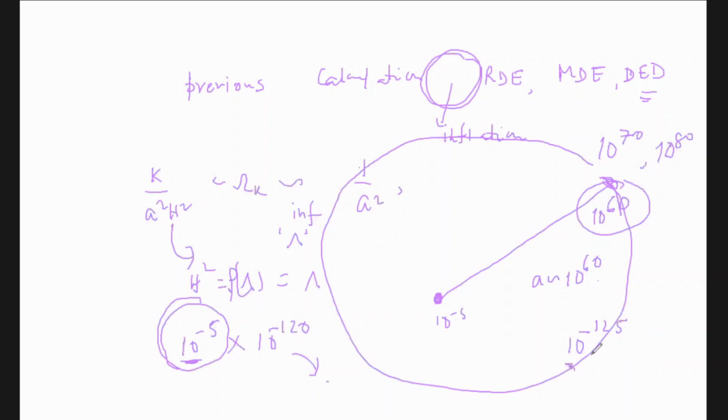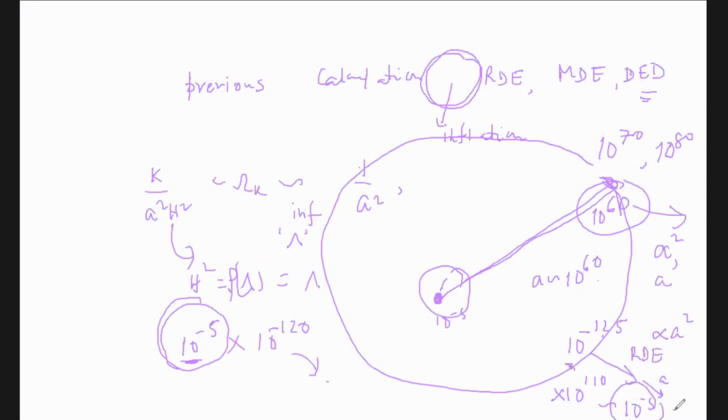Then you do your radiation dominated universe, increase it with a square, and then again you do increase a square, you multiply it by 10 to the power 110, still you remain a small number of 10 to the power minus 5 or less. So now you know you don't have to start with a small value. Inflation will make it a very small value, 10 to the power minus 125, and then even if you want to increase as a square or a, still you will be remaining very small at present time.